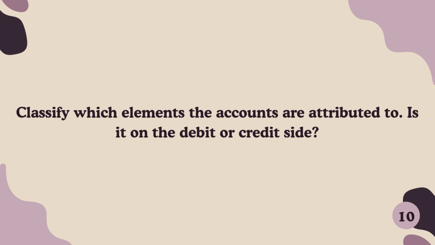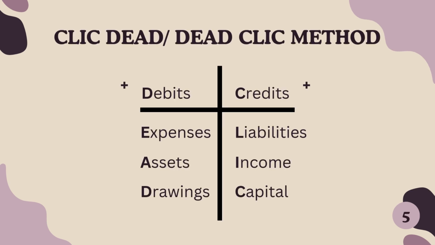Classify which elements the accounts are attributed to. Is it on the debit side or on the credit side? So drawings form part of owner's equity. Remember I told you earlier, which is on the debit side, right? If you look back at the Claydon model, you will see drawings is on the debit side, and the table, which is inventory, therefore an asset, is on the debit side as well.